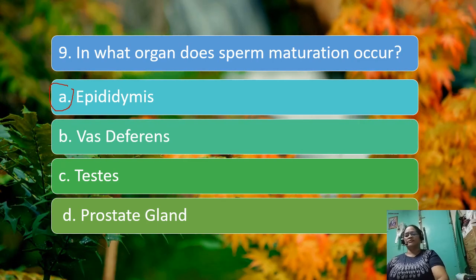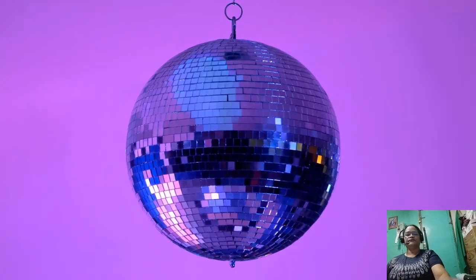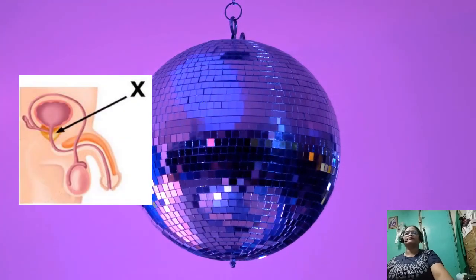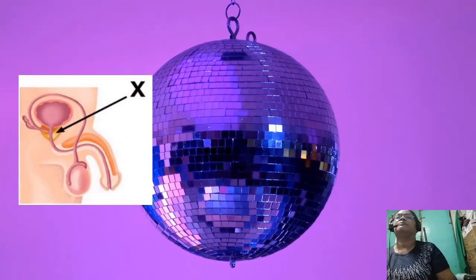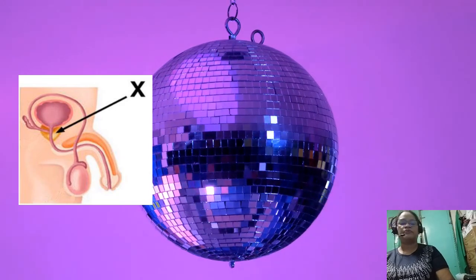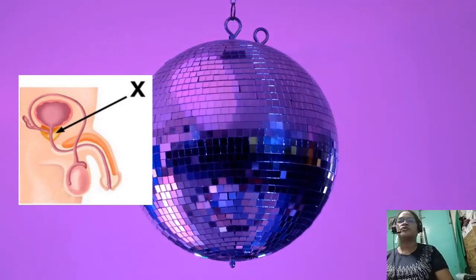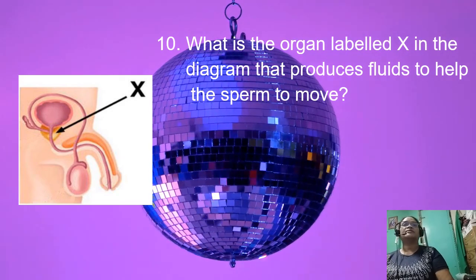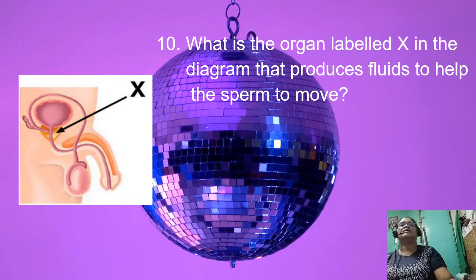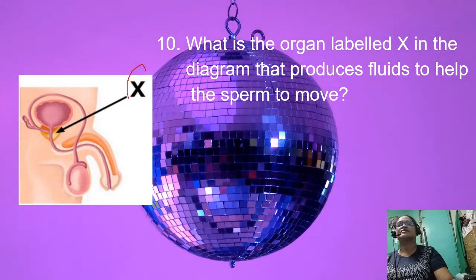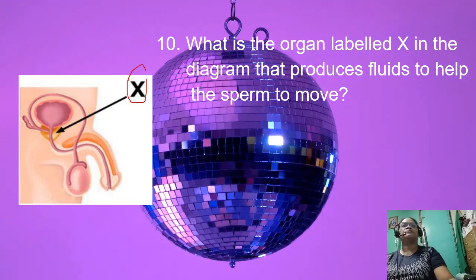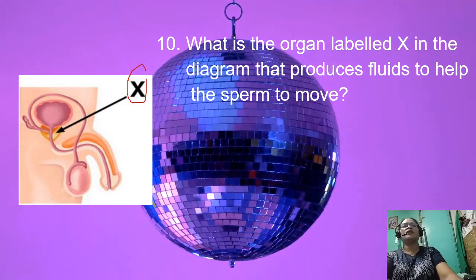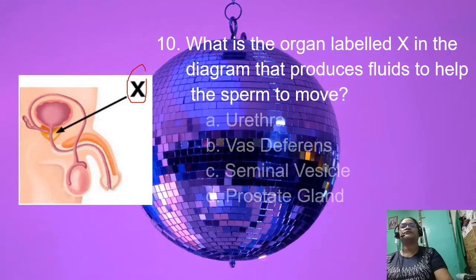Last number. Below is a diagram of the male reproductive system. Let's look at the question. What is the organ labeled X in the diagram that produces fluids to help the sperm to move?